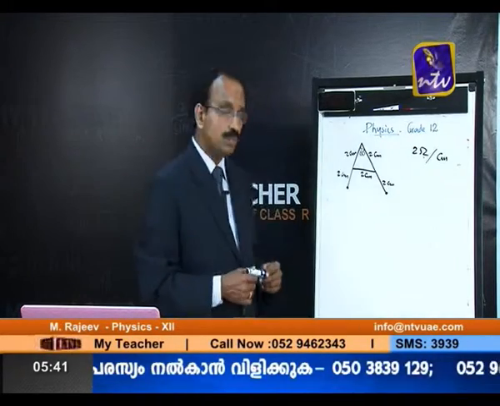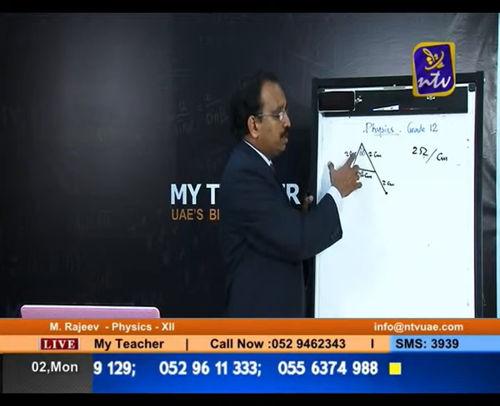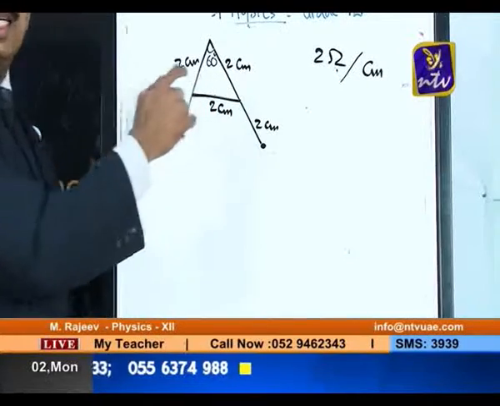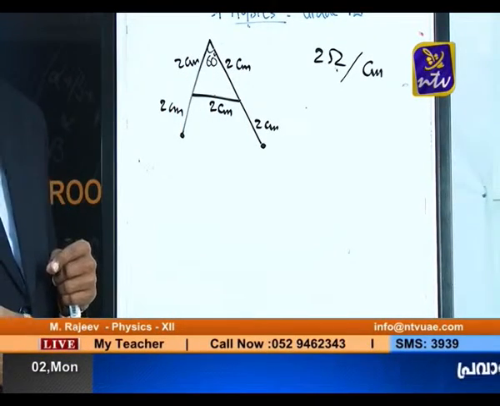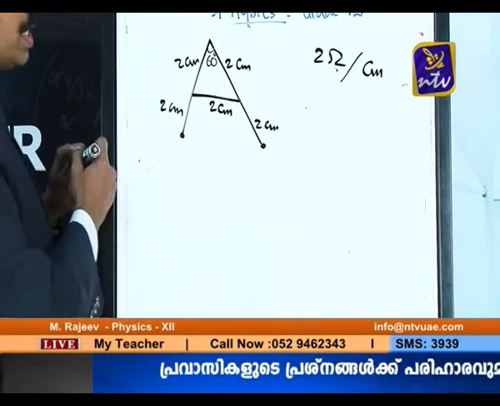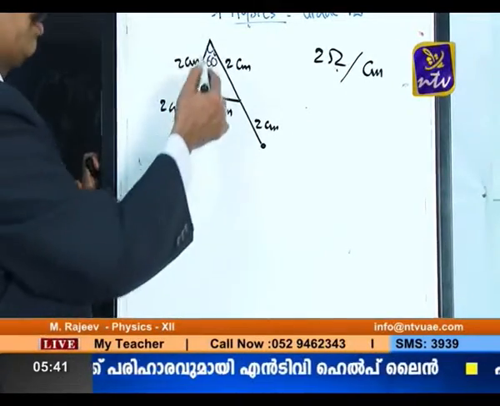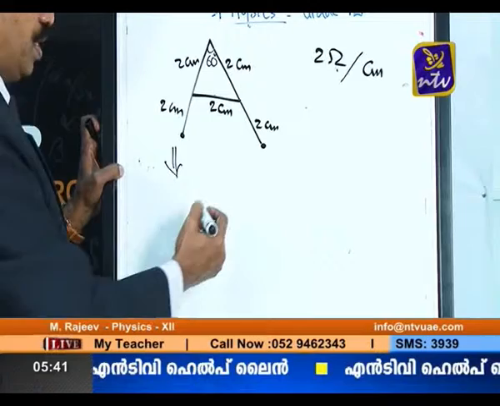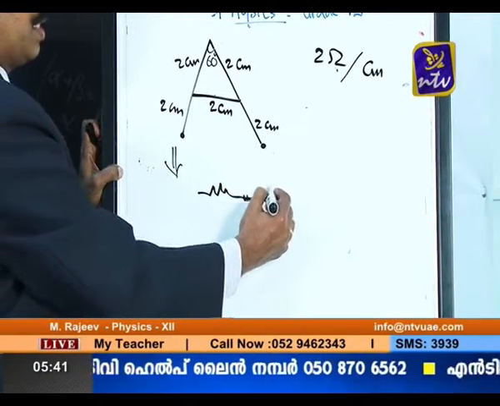That's the question. How to approach it: you can make out one thing. These two wires are connected end to end, which means they are connected in series. I am going to redraw this diagram in the form of resistors. This segment you can take as a resistor, and another resistor is attached to it.